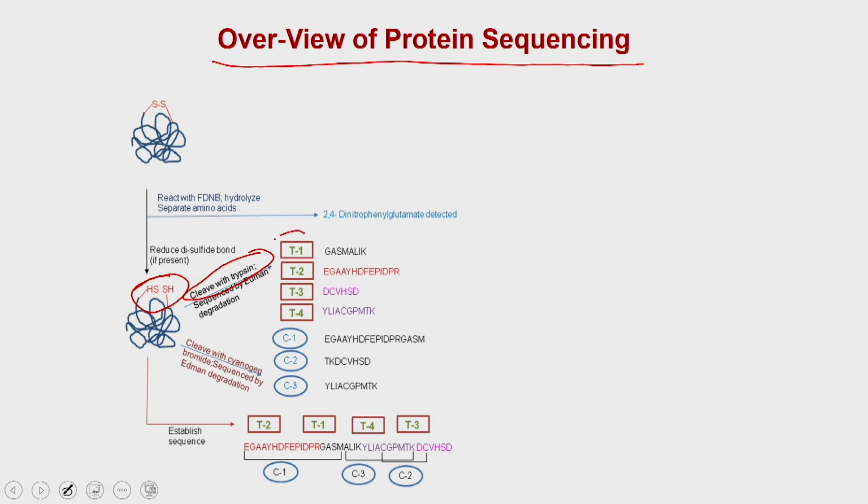So, you are going to get different types of fragments, and you can sequence these fragments, and then once you sequence the individual fragments, you can put them together, and that is how you get the full length sequence. So, you can put T2, T1, T4 and T3 together as per their overlapping sequences, taking the overlaps into consideration, and that is how it gives you the sequence of the full length protein.